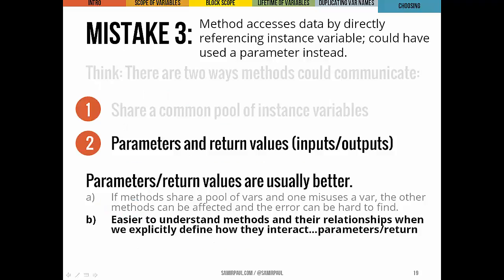Second good reason is that if we're working with a bunch of methods in a class, we want to be able to really thoroughly document and understand the relationships between those different methods. And so when we're explicitly defining how they're going to interact, when we're saying what parameters they take and what exactly they'll return, that means we're doing a thorough job explaining all of that, and we're sure to have a better understanding of it. It's best when we explicitly spell out those contracts.